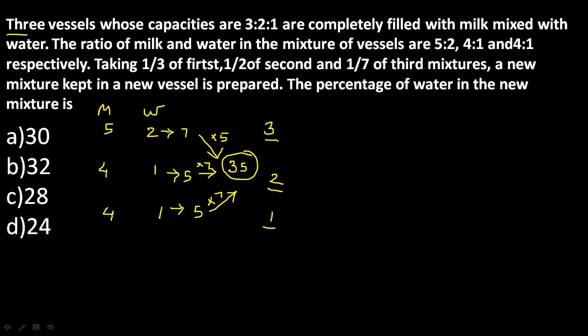After taking the LCM we have to multiply this 5 and 3, so 15. So we multiply the first vessel's milk and water with 15, and for the second, here 7, then they are mixed in the ratio of 2, so 14. So 14 and 14, and here 7 and 7. After multiplying, what we will be getting here is 75, then 30.